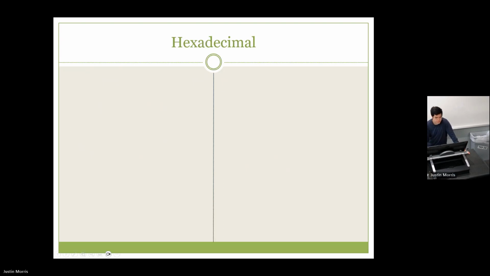All right. So beyond binary representation, sometimes it's useful to look at hexadecimal representation because it's more common. Hexadecimal is very similar again to binary and decimal, except how many digits do I have now? 16.